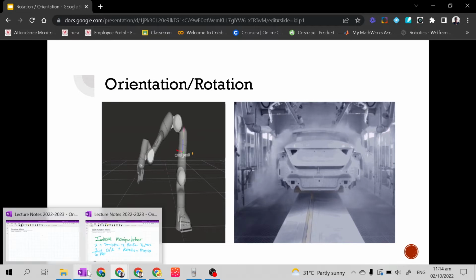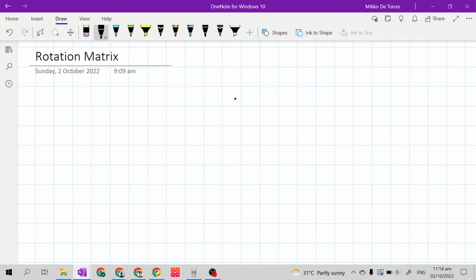So let's go to our OneNote to derive the principle of rotation.